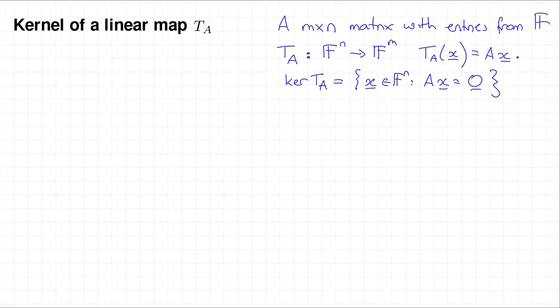So you can think of the kernel of T_A as the solution space for the matrix equation A times x equals 0. It's the set of all solutions to that matrix equation.